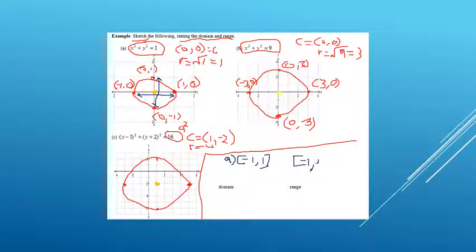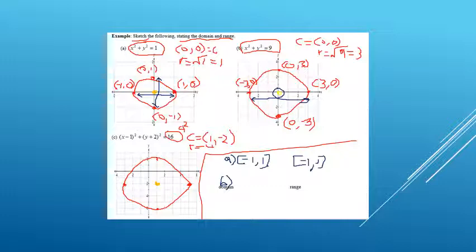In fact, for the graphs where the centre is the origin, these circles, the domain and range should be the same. Right, so in part B, we see that case again. The centre's at 0, 0 here, and the x values go from -3 through to +3.